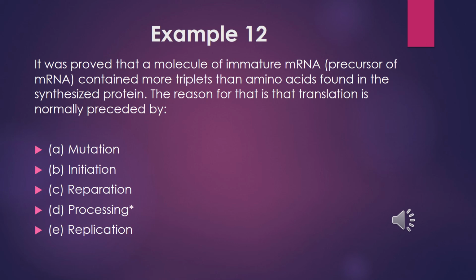Example number 12. This question asks about the process of formation of messenger RNA, what happens in this process, and please look very attentively and recognize the correct answer for the process of formation of messenger RNA and processing. It's the process of formation of messenger RNA from precursor messenger RNA.